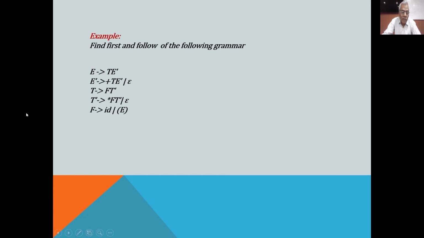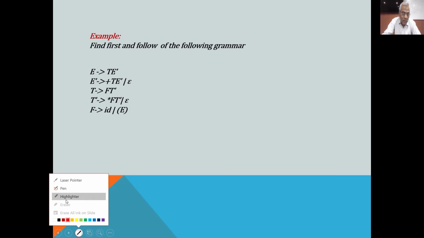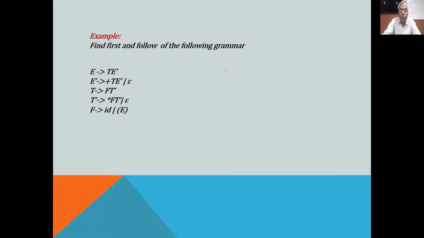Terminal symbols are any alphabet in small letters like a, b, c, and in uppercase we show the non-terminal symbols like A, B, C. These are the non-terminals.